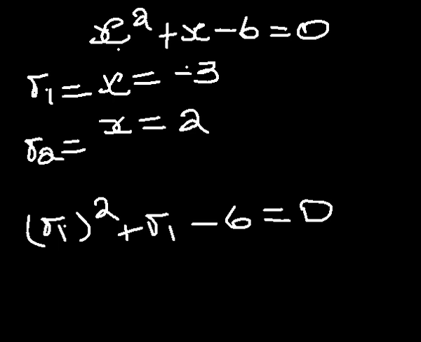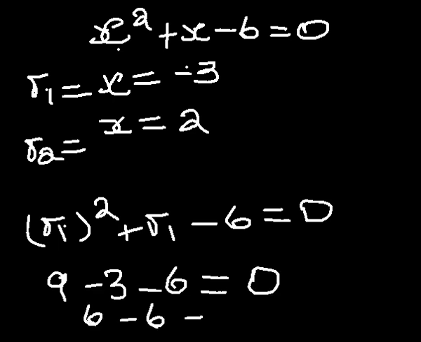Now, what is root 1? Negative 3. And to the power 2, we have positive 9. Then, what is root 1? Negative 3. Substituting here, we'll have minus 3, minus 6. You see that this is 9 minus 3 minus 6, and in this case, we have 0 is equal to 0.